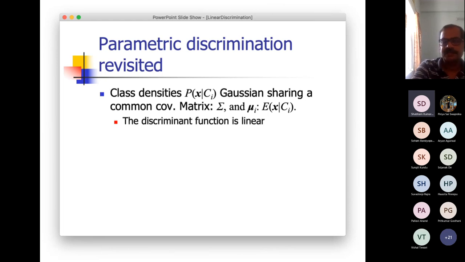We'll just revisit them, because we are discussing these linear discriminant cases, and we'll see that there is a special kind of classifier using this concept. So the same Bayesian classification scheme, that Bayesian approach, can also be expressed in the form of a linear discriminant function.